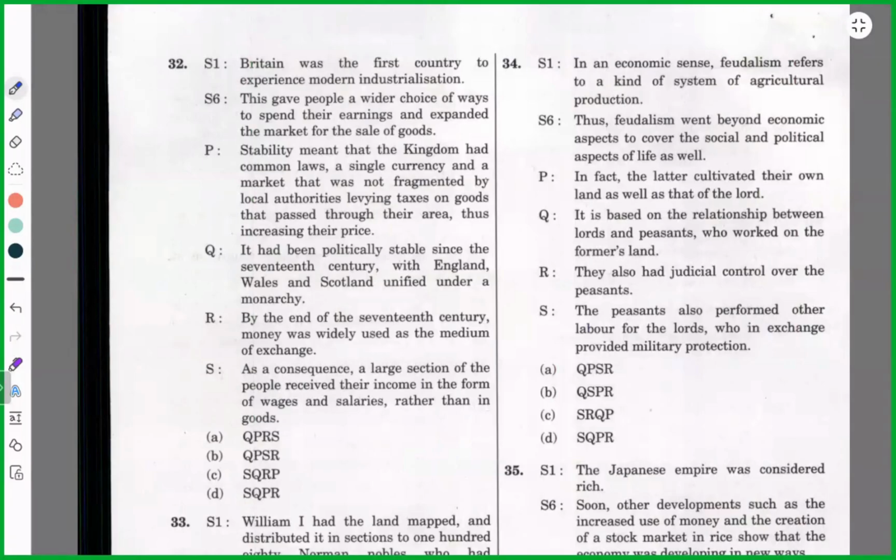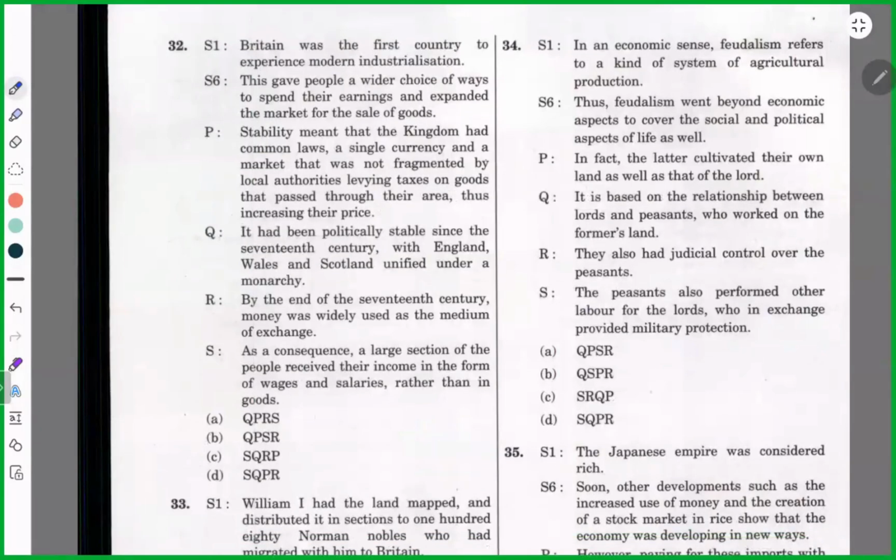Now, Britain was the first country to experience modern industrialization. This gave people a wider choice of ways to spend their earnings and expanded the market for sales. Something will be there. Stability meant that the kingdom had common laws. Again, not making sense, but we need to start with either Q or S. It had been politically stable since the 17th century.